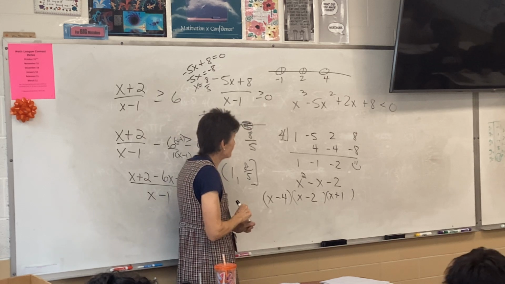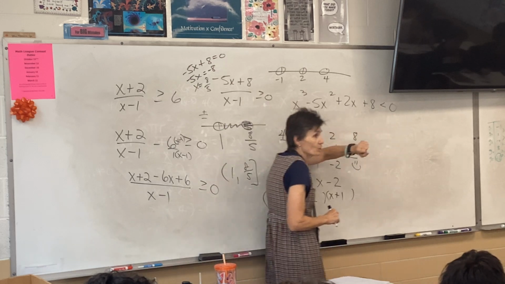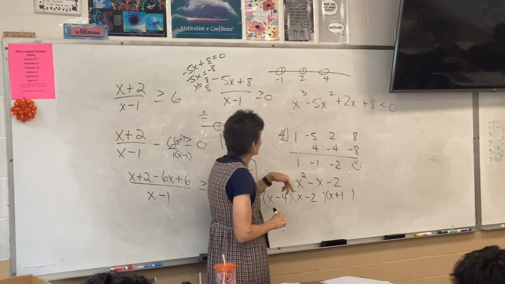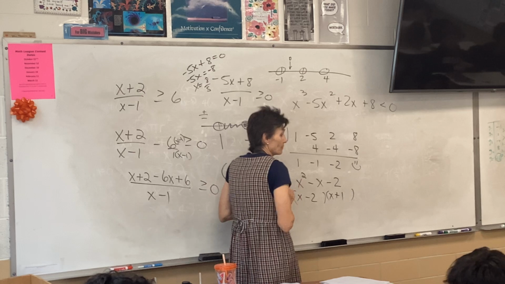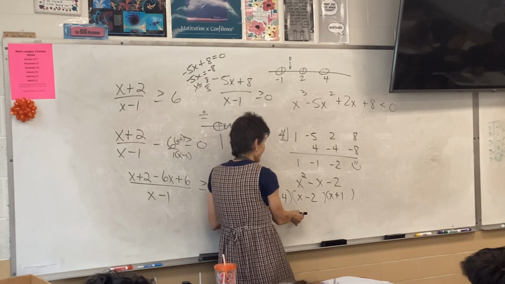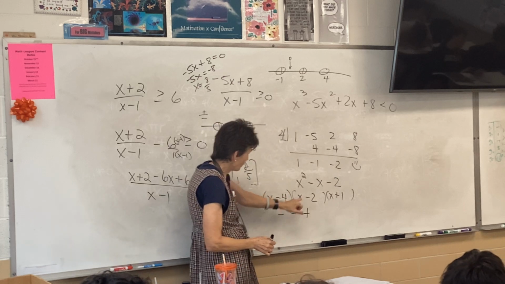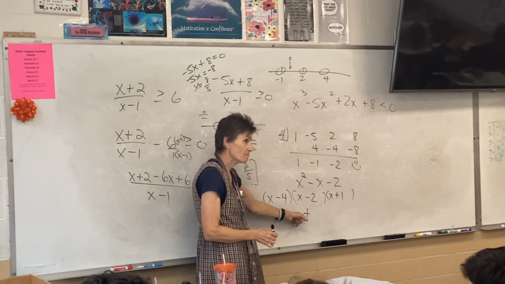And now I just need to figure out where to shade. I want to shade where I'm negative, less than 0. So I'm going to put in 0. Zero minus 4, 0 minus 2, 0 plus 1: negative, negative, positive.